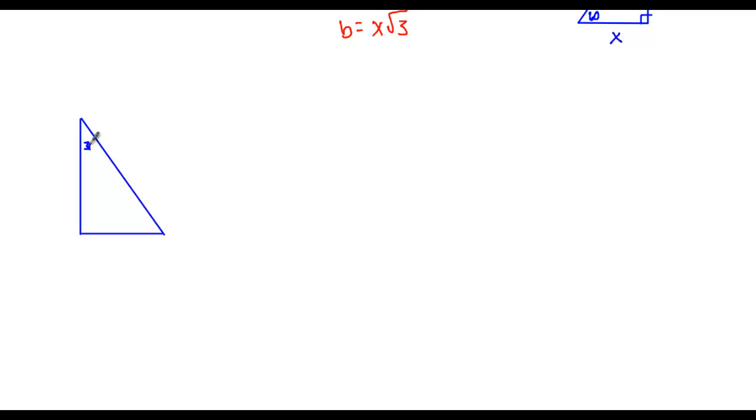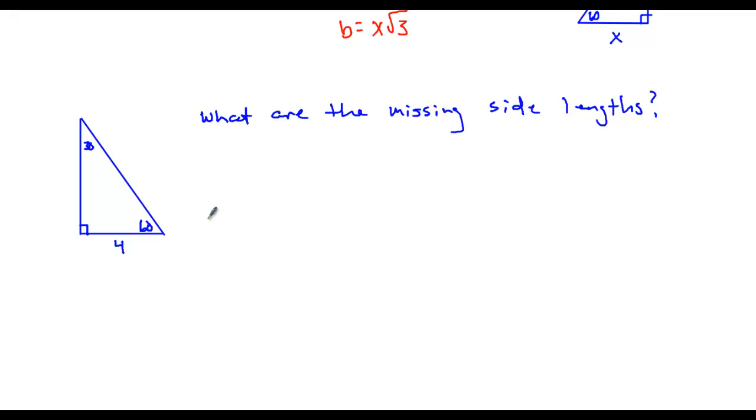All right, so let's draw a 30, 60, 90 right triangle. Okay, so we're going to have, remember the 30 is the small one. 60 is the big one, and 90 goes right there. And let's say that this side over here is 4. What are the missing side lengths?